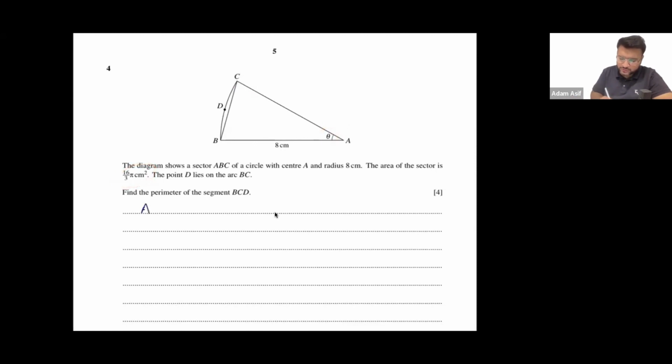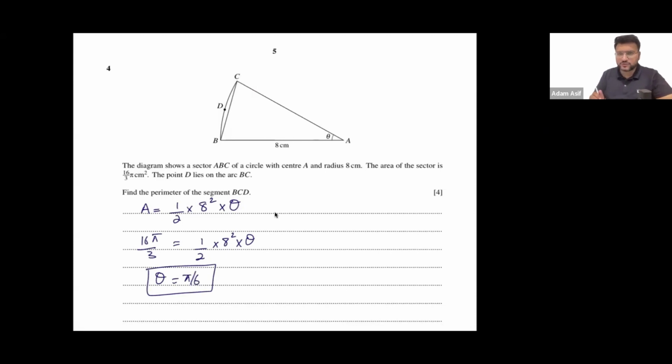The area of the sector is given by half times r squared times the angle. The area is 16 pi upon 3. Solving this will give us the value of theta. So theta comes out to be 16 divided by 3 times 2 divided by 64, that's pi by 6.